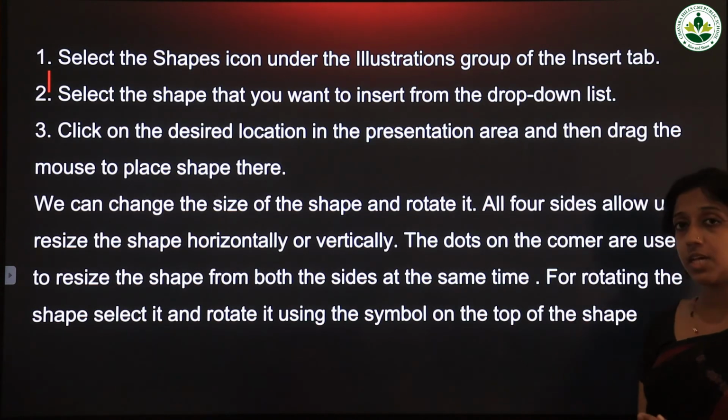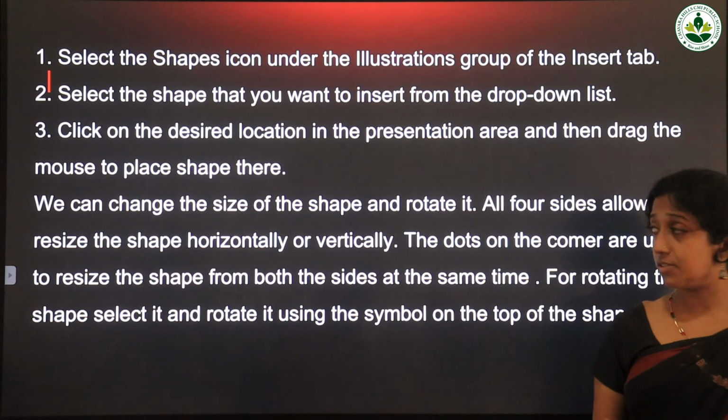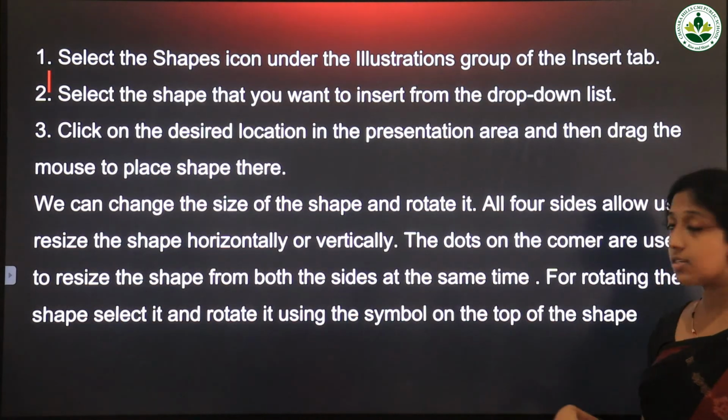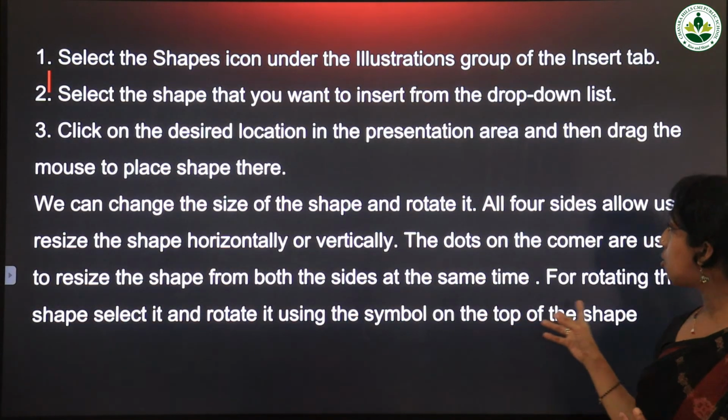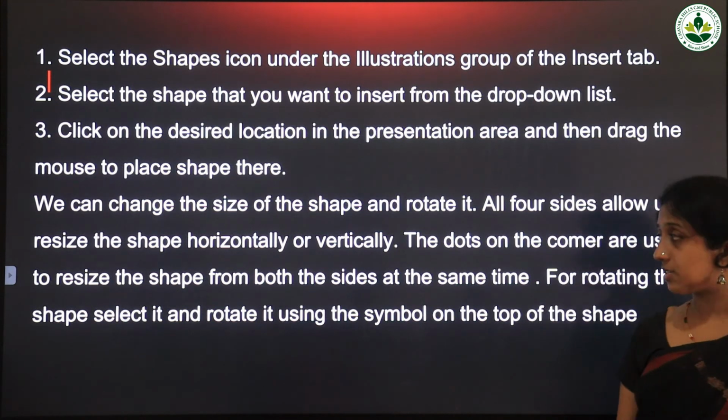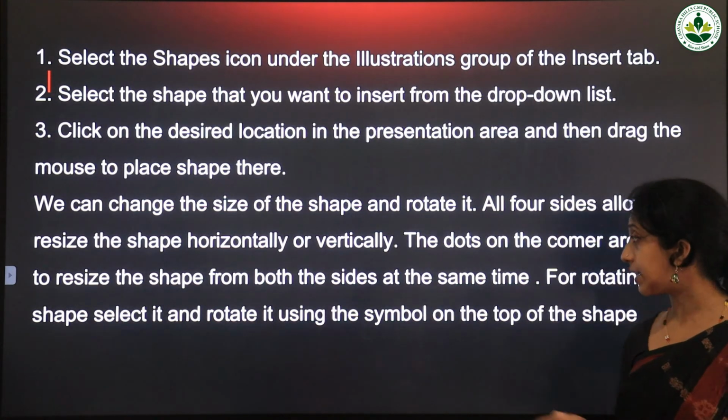We can also change the shape and the size of this. You can also change the size of that shape and rotate it. The four sides allow us to resize the shape horizontally or vertically. The dots on the corners are used to resize the shape from both sides at the same time.